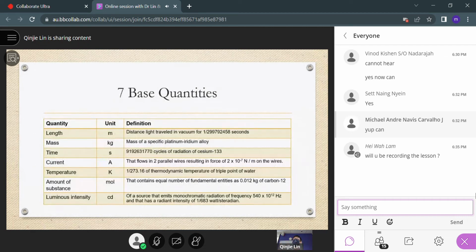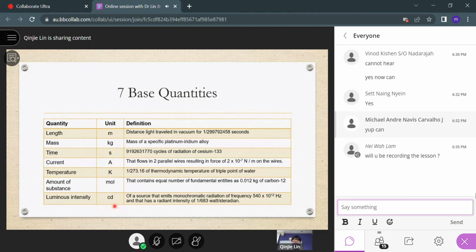Okay, so there are a total of 7 base quantities. Base quantities are like length, mass, time, and then we have meters, kg, and seconds. The first 3 that you see here will be primarily used throughout this course. So we'll be touching a lot on length, mass, and time. The 4 at the back: current is for electricity, temperature, as we already know.